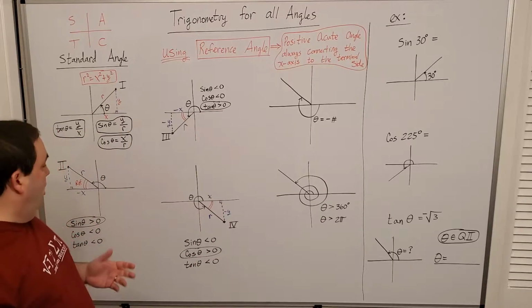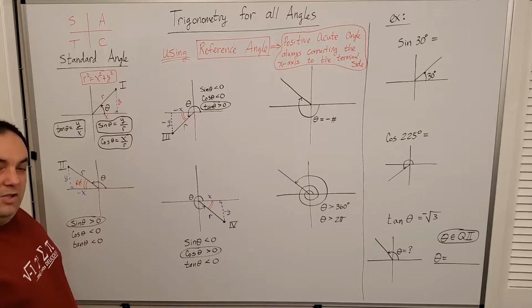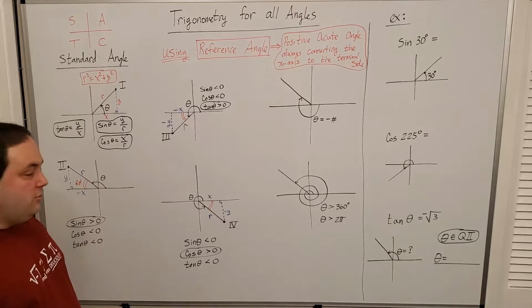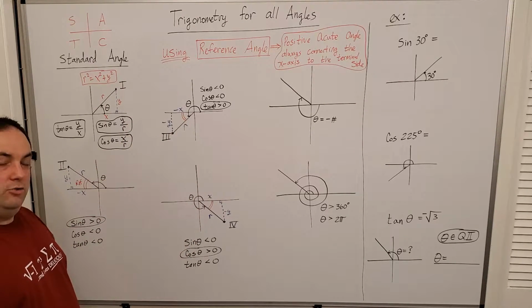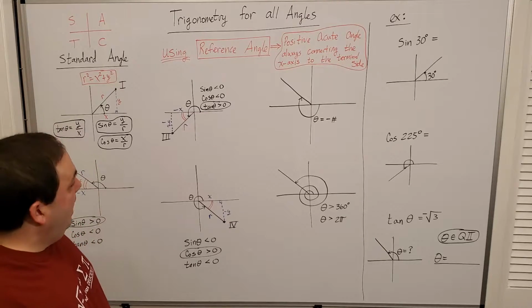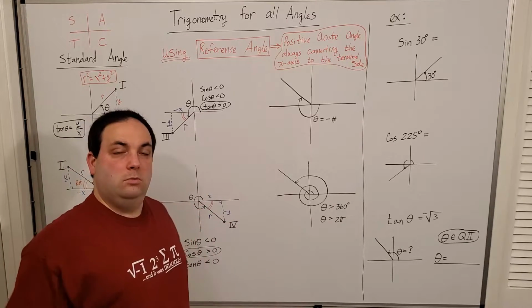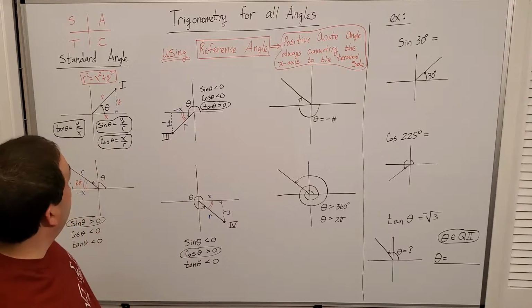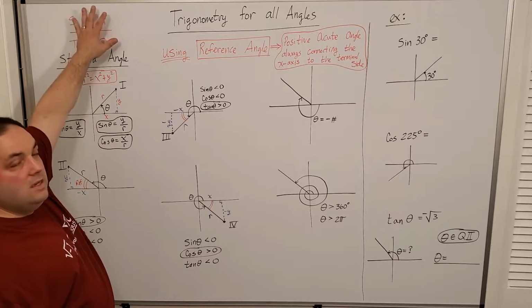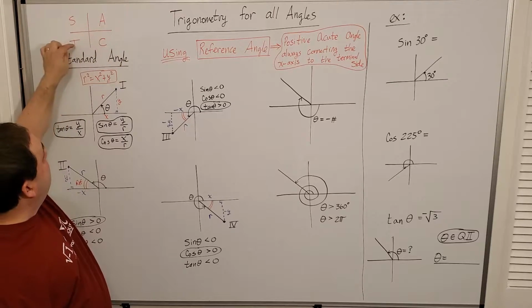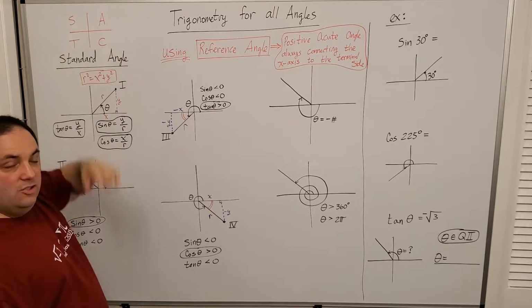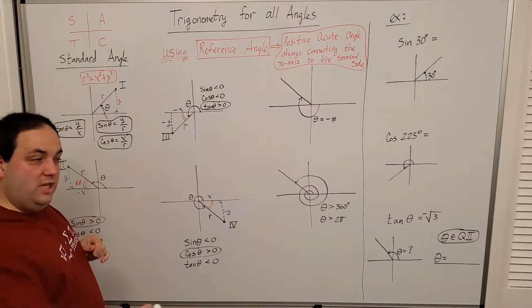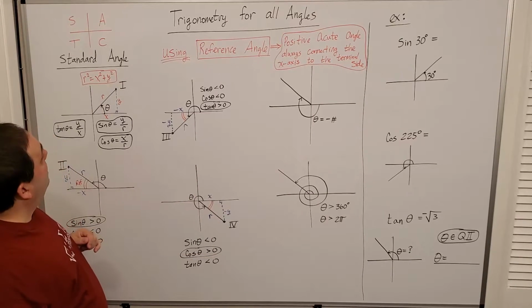Outside of quadrant 1, 2, 3, and 4, there's only one main trig ratio that's positive in each of those quadrants. Okay? And I have a little mnemonic to help you remember this in case you need to do it quick. I have the ACTS setup. A-C-T-S, acts, as in to act on something, or she acts on something, right?